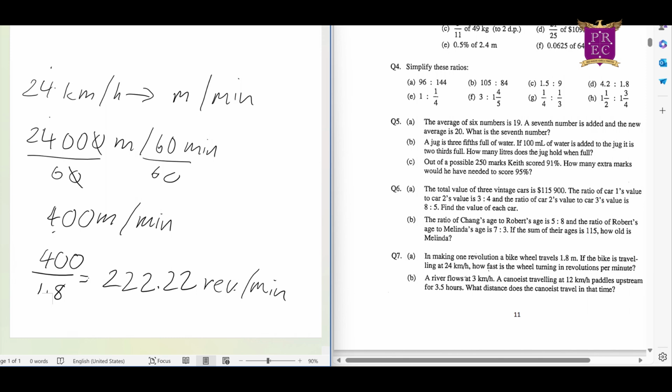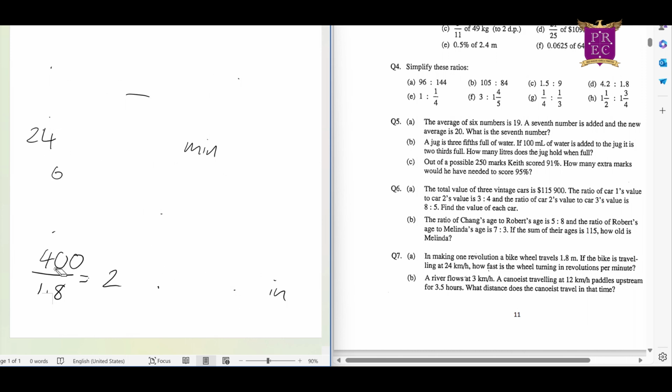And the last question, 7b. A river flows 3 kilometers an hour. I think it means it flows downstream 3 kilometers an hour. So it's going against the canoeist. A canoeist is traveling at 12 kilometers an hour and paddles upstream for 3.5 hours. What distance does the canoeist travel in that time?